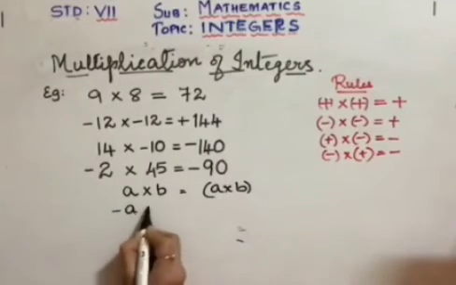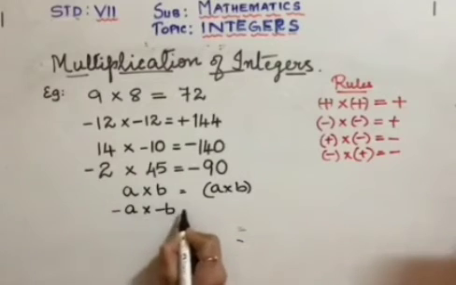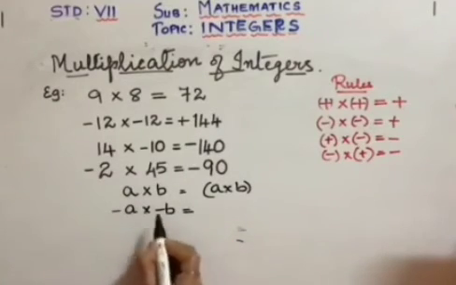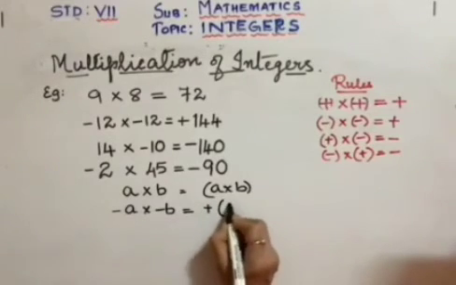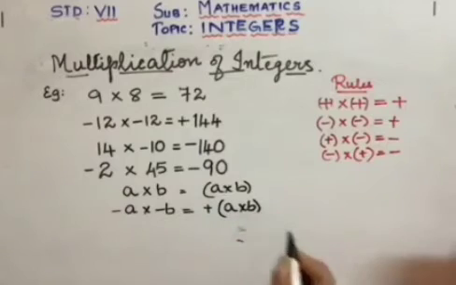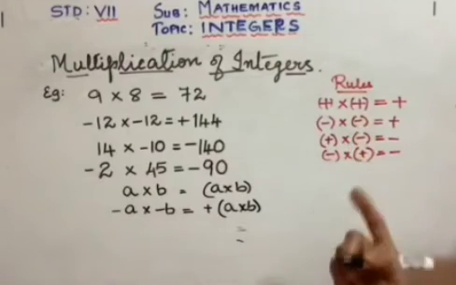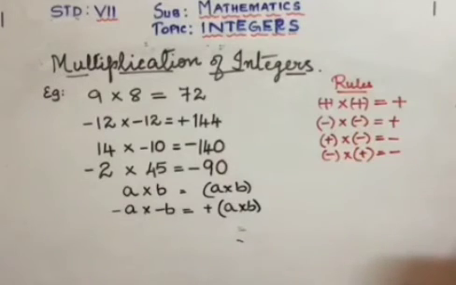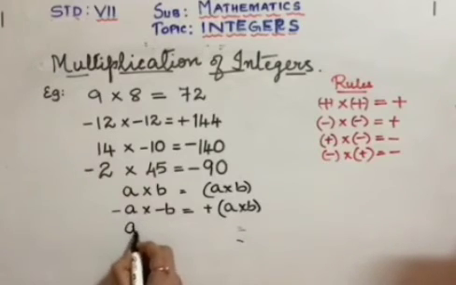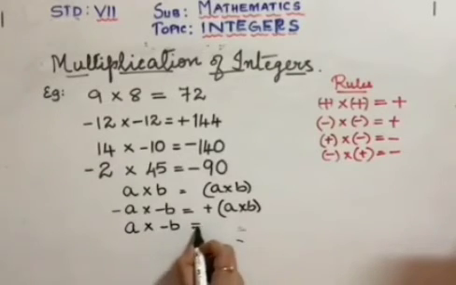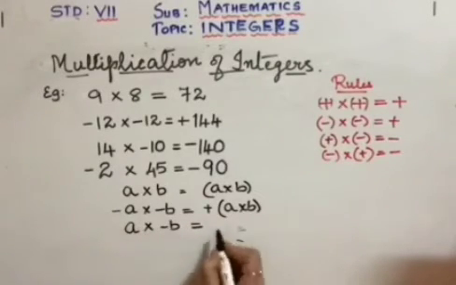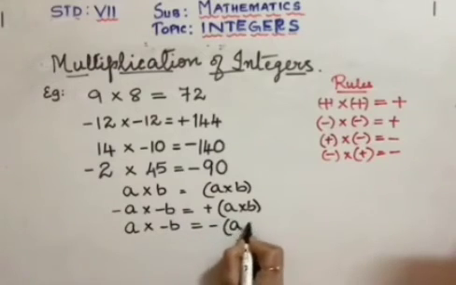Minus A into minus B. What is minus into minus? It's plus, isn't it? So plus A into B. First, take care of the signs. Multiply the signs using these rules. Then multiply the integers. Next we have A positive into negative B. So plus into minus is minus. Again A into B.